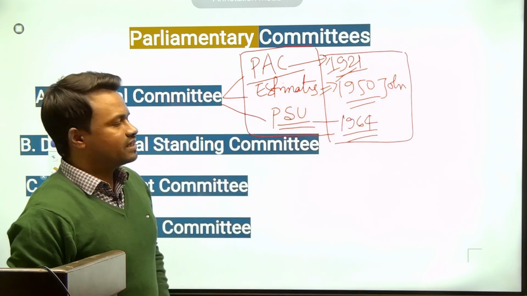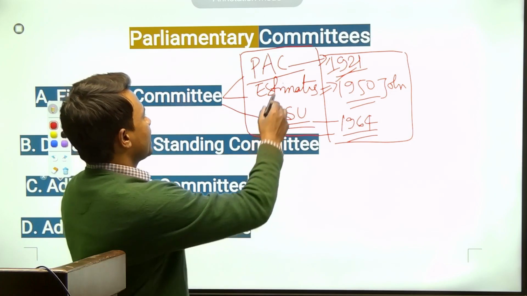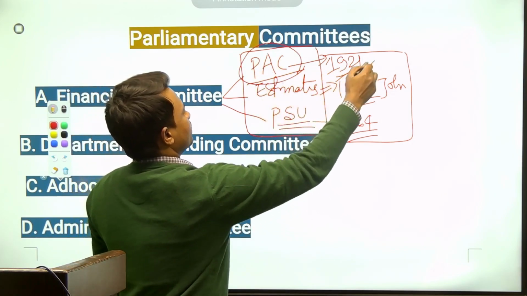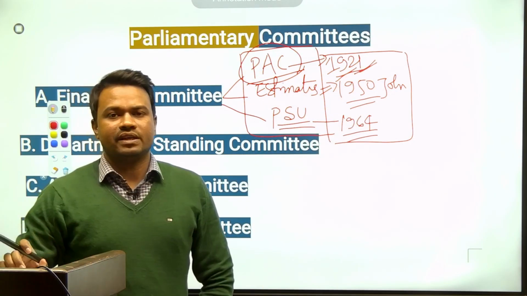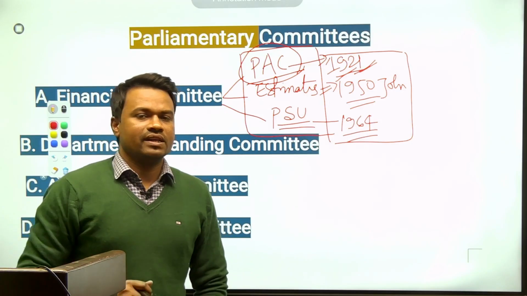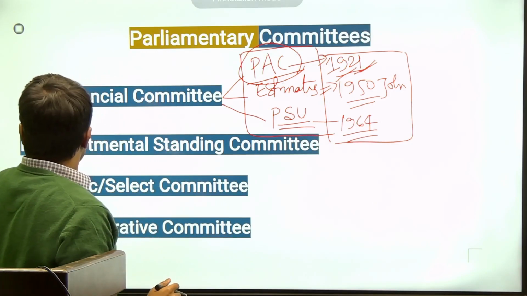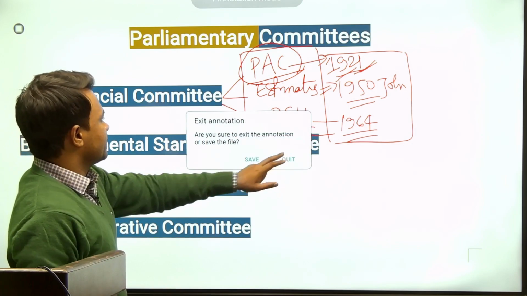So we can see the chronology, and the PAC is the oldest parliamentary committee in our parliamentary system in India. These are the 3 important committees in the matter of finance.